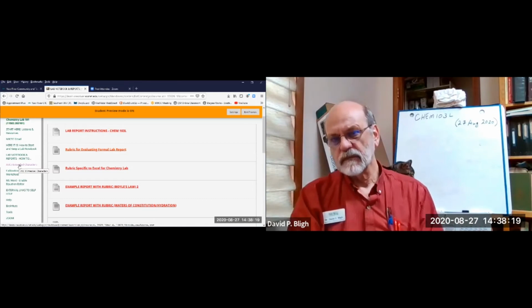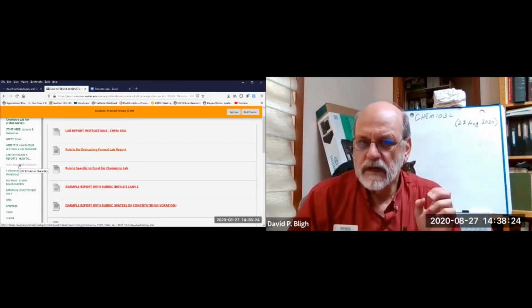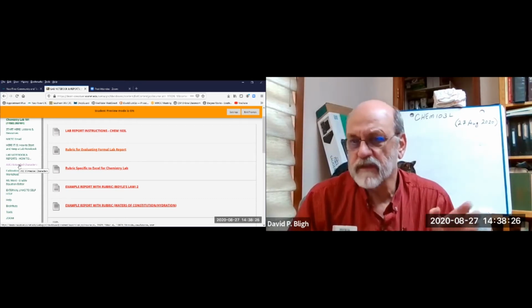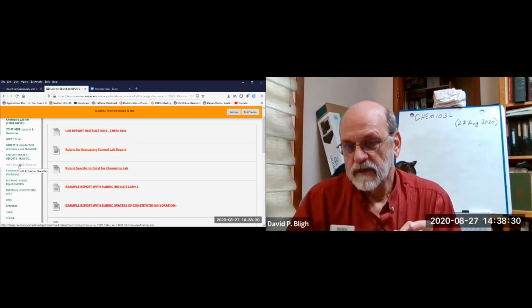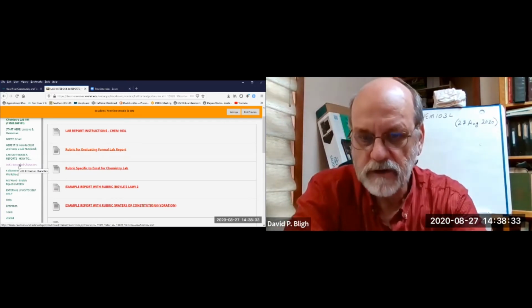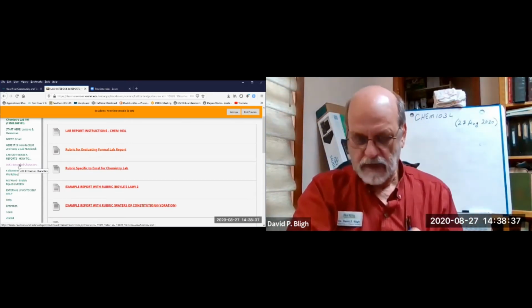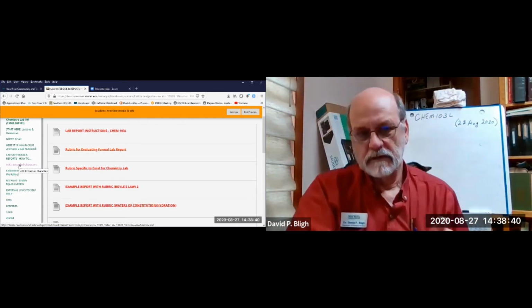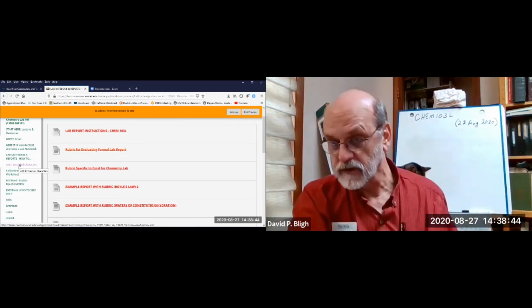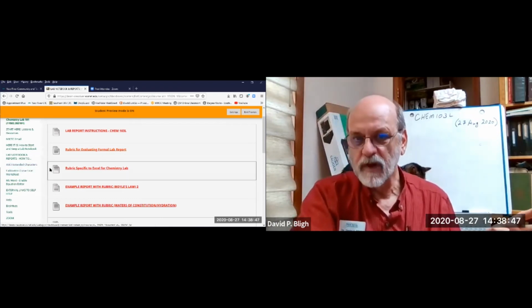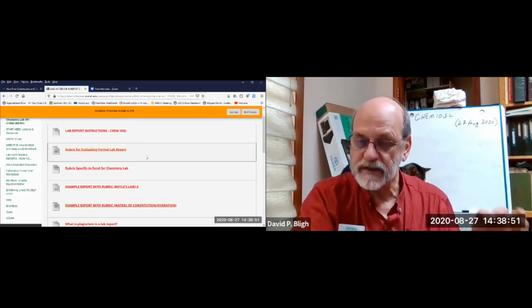Extended character sets. When you're writing a report in a word processor for chemistry or physics or any of the sciences, sometimes you need special characters that are not on the QWERTY keyboard. So even as far back as before Windows, you may not remember these days, but we had an operating system called DOS, called Disk Operating System.